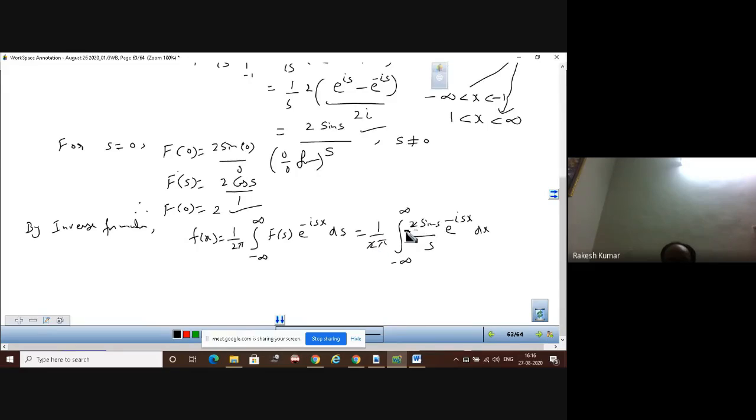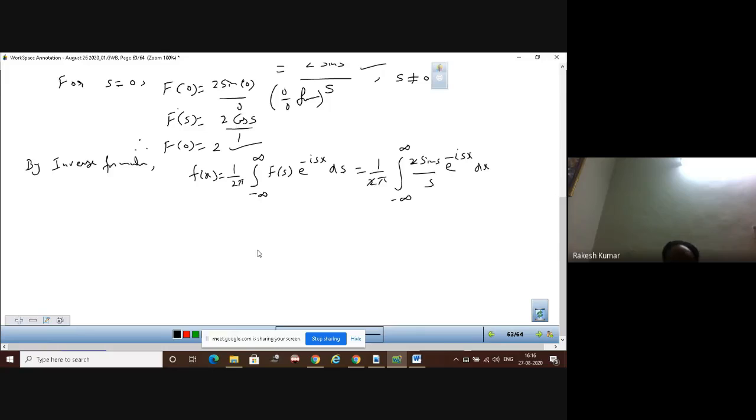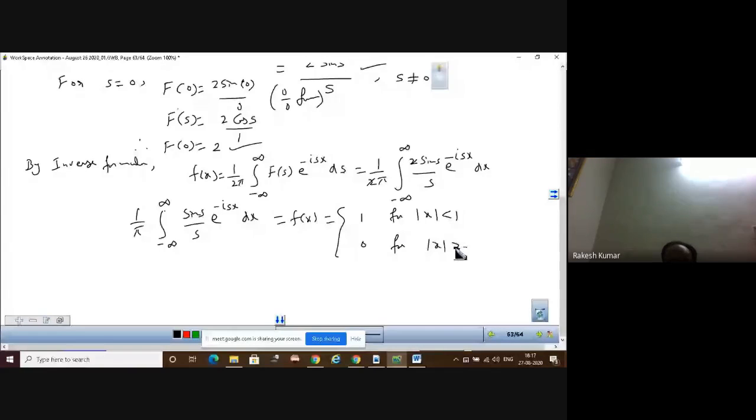Now 2 can be cancelled with this 2, and the term can be written like this: 1 upon pi, integral from minus infinity to infinity of sin s over s e raised to power minus iota sx dx is equal to f of x. And what was the value of f of x given to us? This was the statement of the question: 1 for mod x less than 1, and 0 for mod x greater than 1.